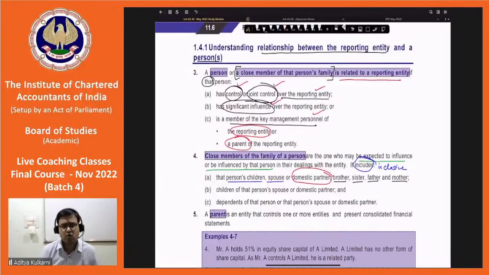Is it okay? So if Mukesh Ambani is related to a reporting entity, uska pura khandan usse related hoga. His entire family will be related to the reporting entity.